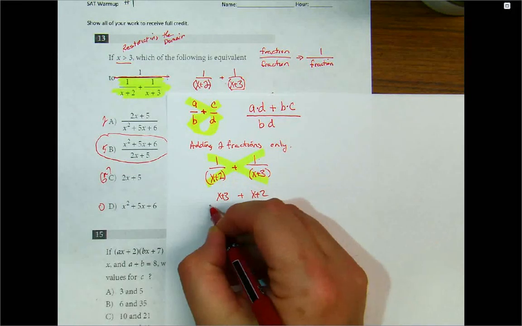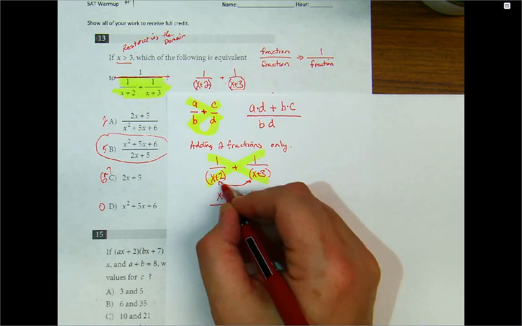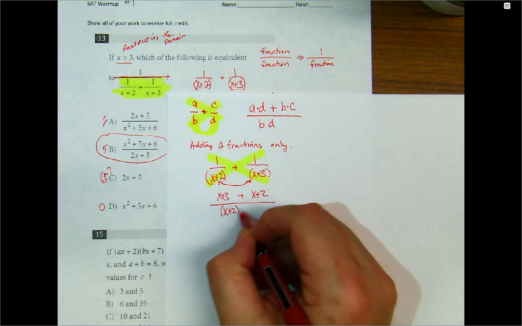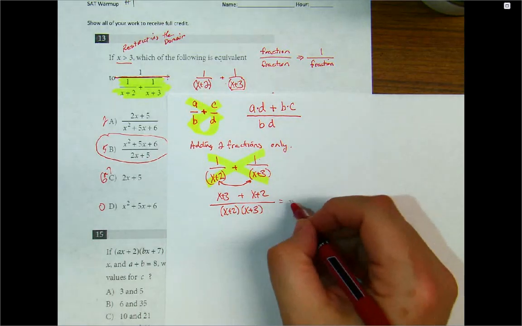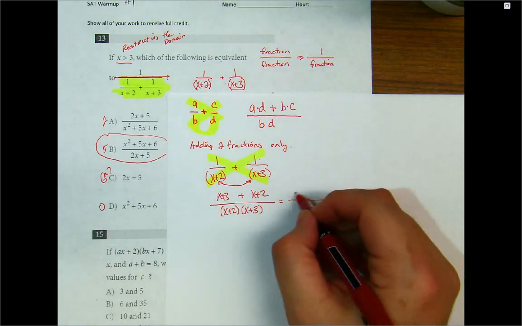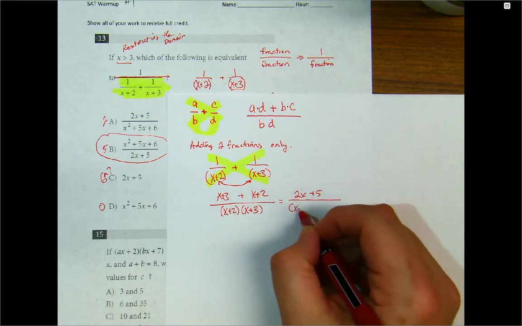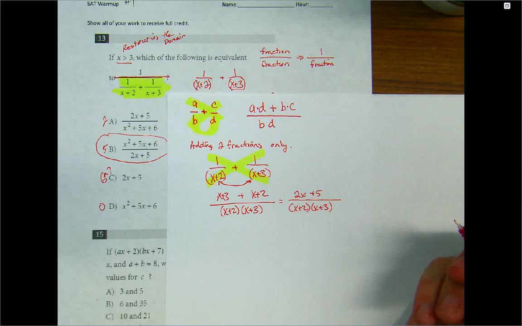And then I multiply the two things in the bottom. That's x plus 2 times x plus 3. And if you go through here, x plus x is 2x, 3 plus 2 is 5. Then you get your x plus 2, x plus 3. It's a nice way to add something very quickly.